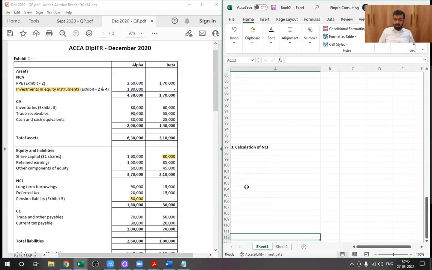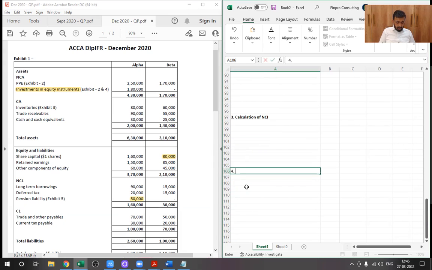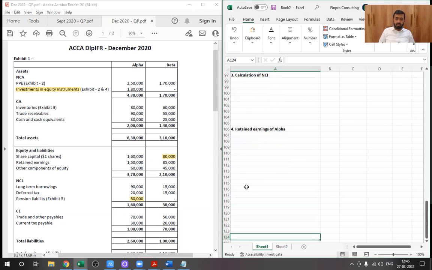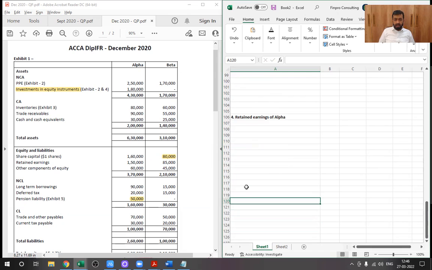It may not require that many spaces, only 3-4 as such. Fourth is retained earnings of Alpha. And last is other components of equity of Alpha.